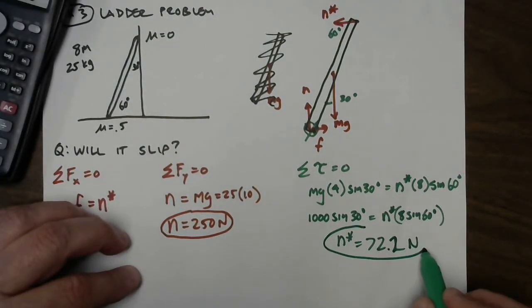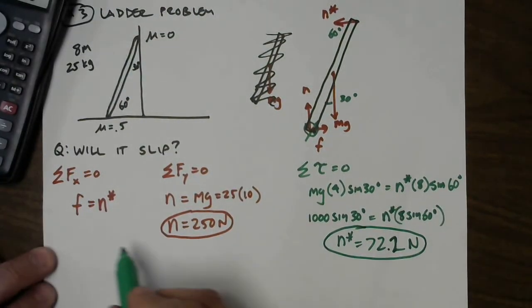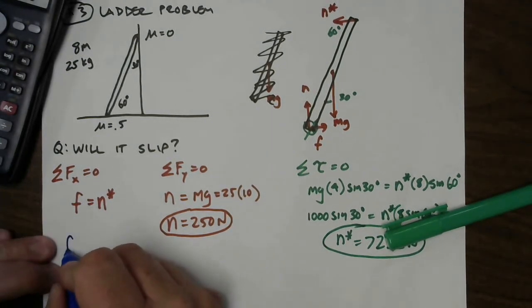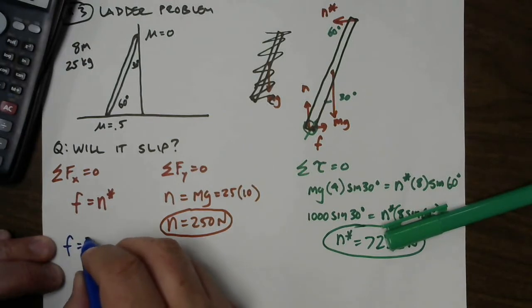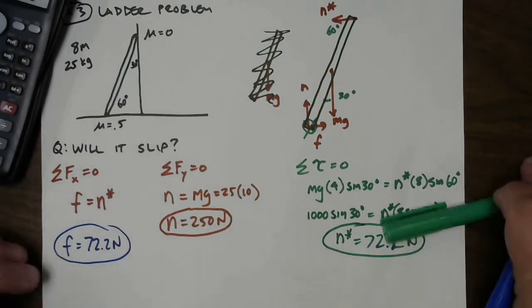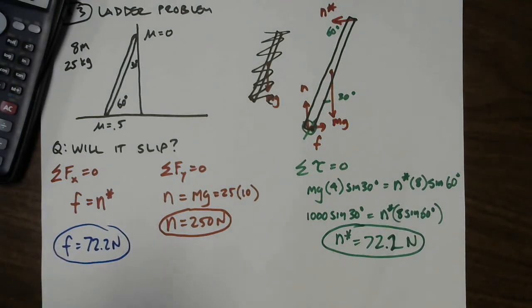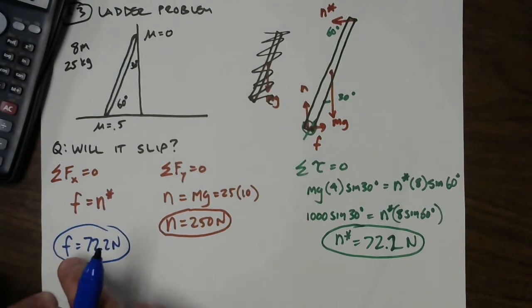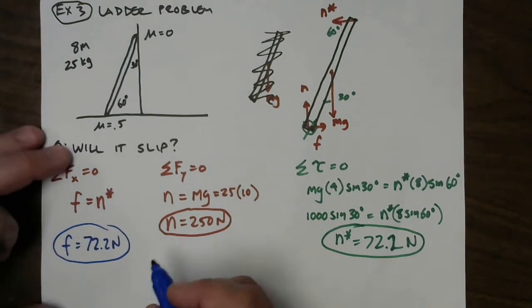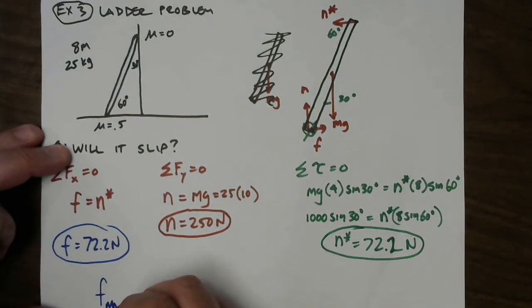That's the next thing I learned. Well, I know both of the normal forces in this problem. And then back over here, of course, we know that F must be equal to N star, so it must be 72.2 newtons. So the question is, will it slip? What do we have to do to determine whether something's going to slip? Well, we have a desired frictional force of 72.2 newtons. But what is the maximum frictional force that we can come up with?